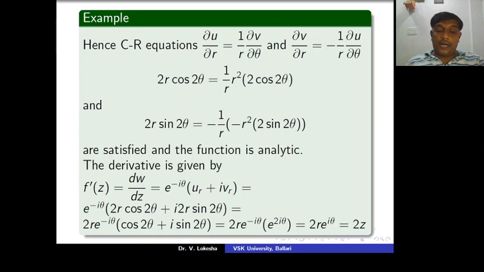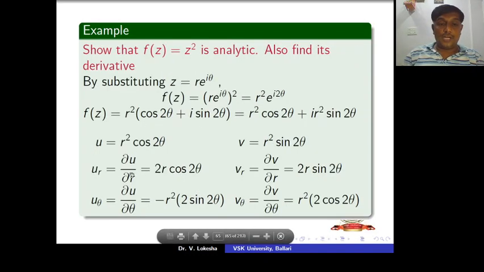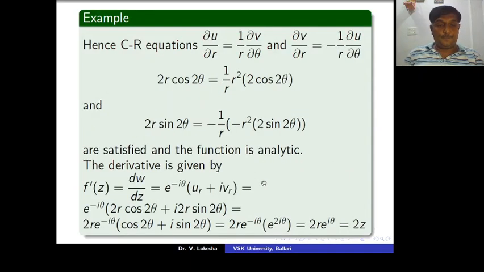Here ur and vr, the partial derivatives with respect to r, we already found. Here you can use this ur and vr and substitute.